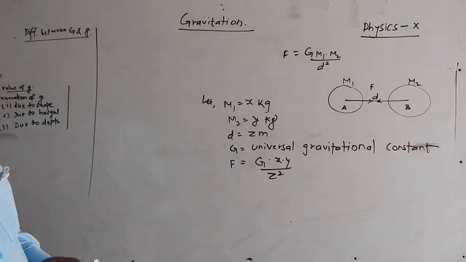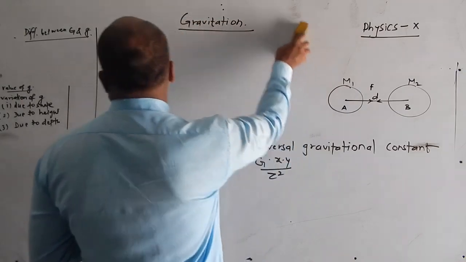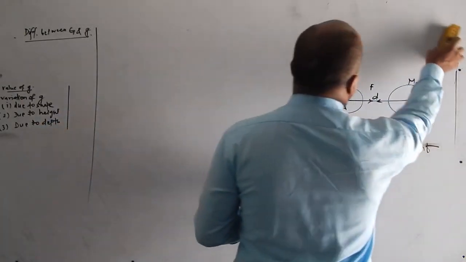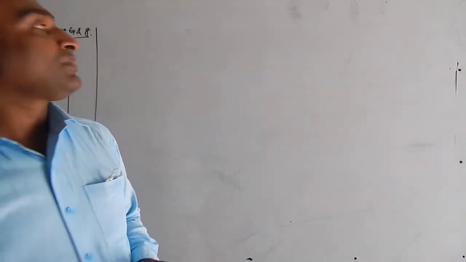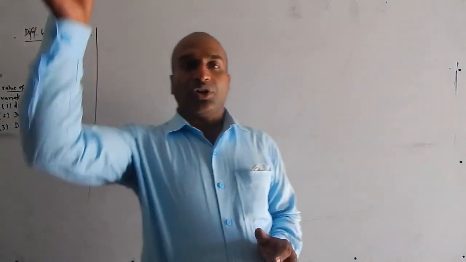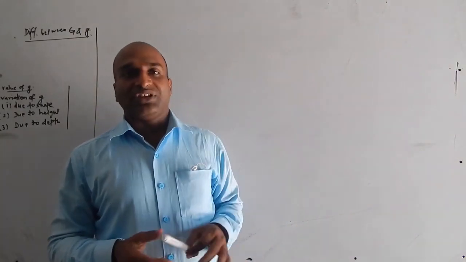Now, today I am going to explain acceleration due to gravity and the universal gravitational constant. Acceleration due to gravity means the acceleration produced in a freely falling body due to gravity.